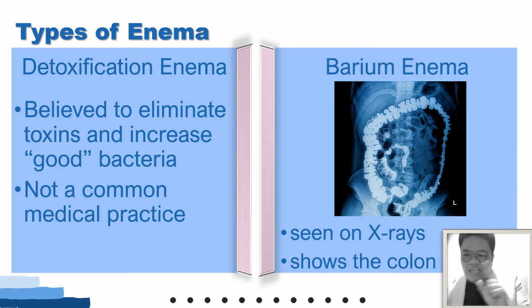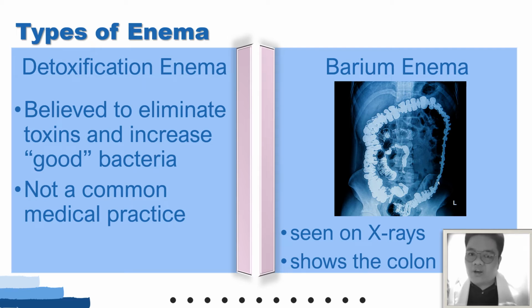Now, class, when I say barium enema, there are actually two ways for us to administer barium. We have your barium swallow, and then we have your barium enema. Barium swallow is of course for the upper GI, and barium enema is for the lower GI. This is seen on X-ray, class, and it would easily show us the structure of the colon.